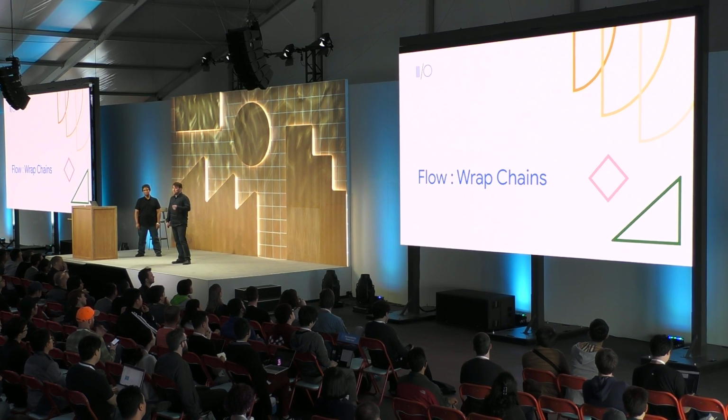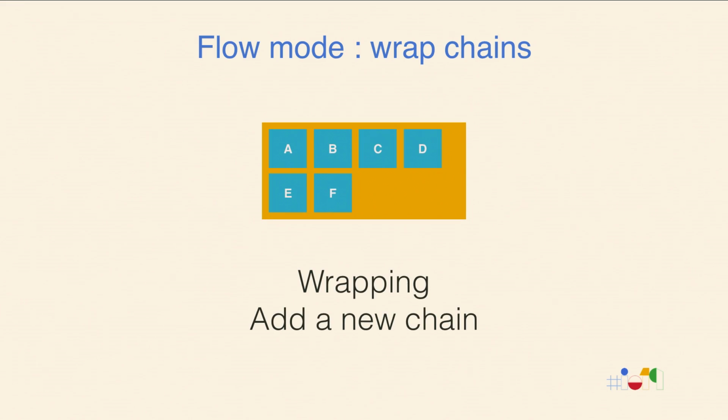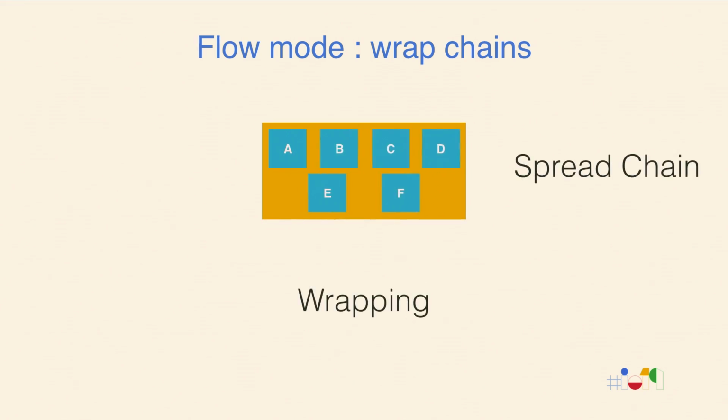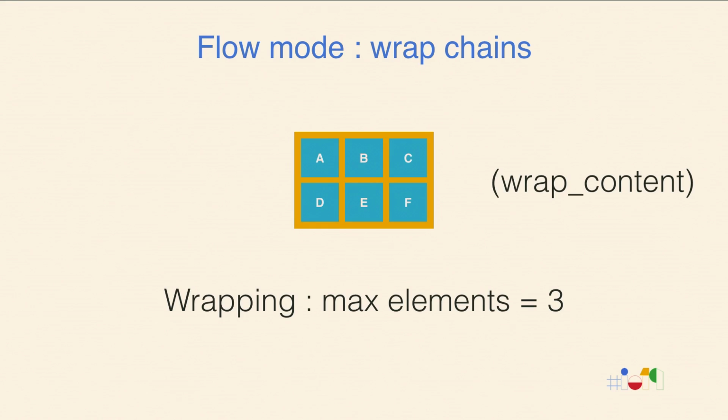It's a little akin to Flexbox layout, where if you run out of space, you can't do anything else. But now we will automatically create an extra chain for you. By default, we use the same type of chain for all the different chains, but you can specify a different chain type between your first chain and the rest of the chains.